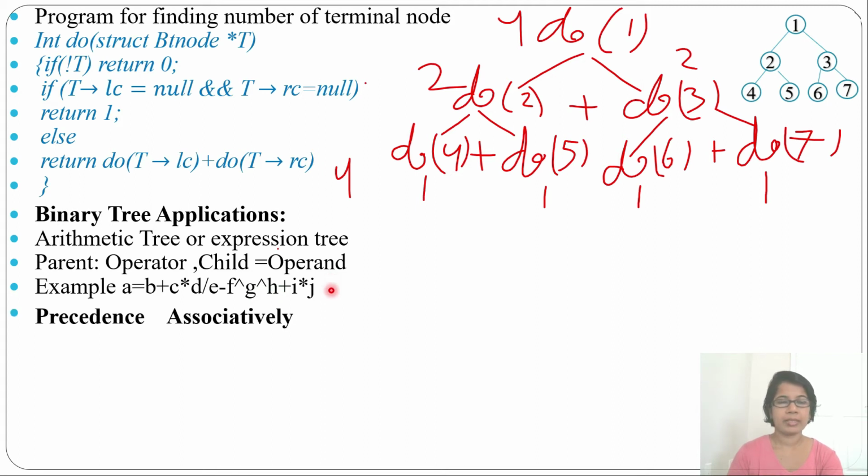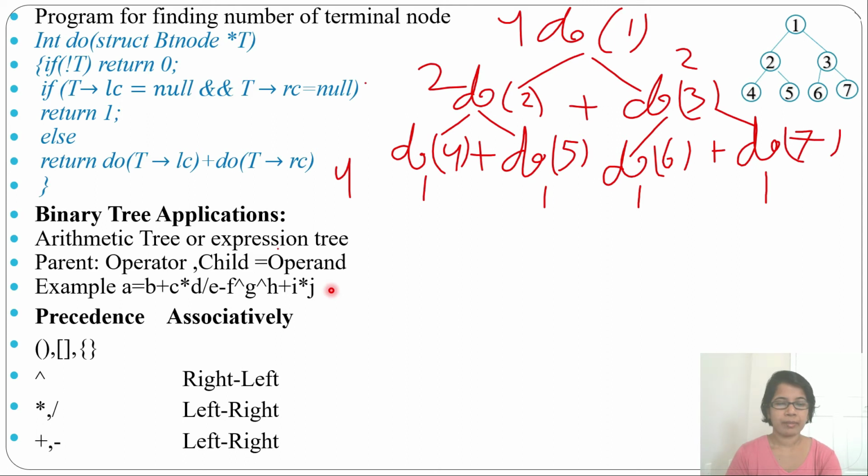There are some precedence and associativity rules, and according to those we draw the expression tree. The highest precedence is bracket, then power, and power associates right to left, then multiplication and division, which associate left to right, then plus and minus, which associate left to right.